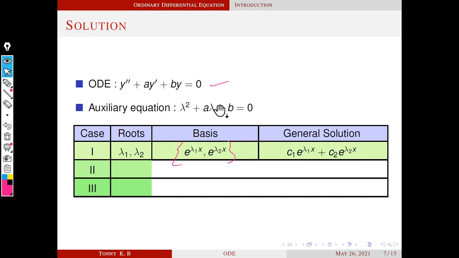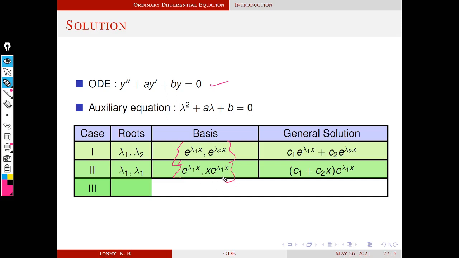Similarly, the second case: both the roots are real and the same, so we take them as lambda 1 and lambda 1. In this case, the basis is different. A slight difference is this: the first element is e raised to lambda 1 x, that's okay, but the second element is not e raised to lambda 1 x, it is x times e raised to lambda 1 x.